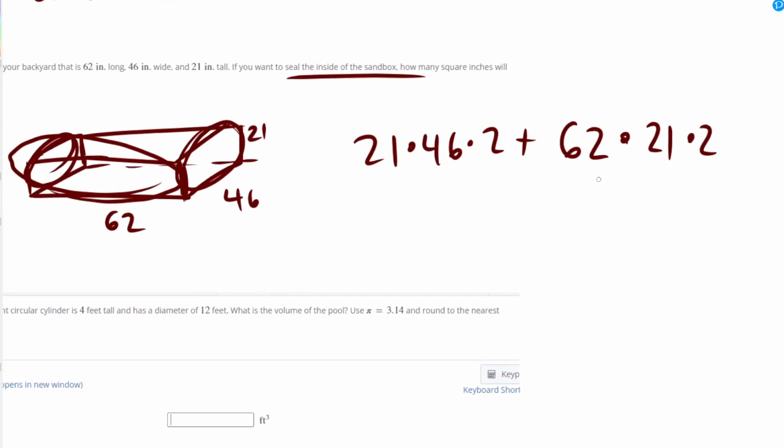If this is wrong, then try the method where you add the top and bottom as well. But I'm pretty sure when we're thinking about a sandbox, we're not sealing the bottom and we're not sealing the top. And then when we do our multiplication and our addition, that should give you 4,536 inches squared.